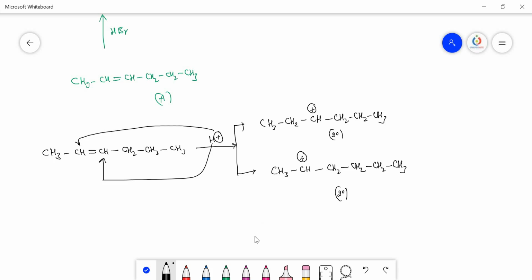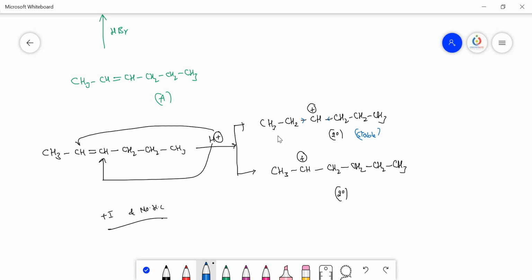Then we need to analyze the stability of these carbocations by considering two things: first, the plus I effect; second, the number of hyperconjugative structures. So this particular carbocation has two larger groups which are giving electrons to this positive charge, neutralizing it and making this carbocation more stable.